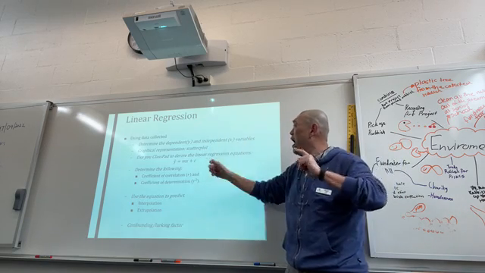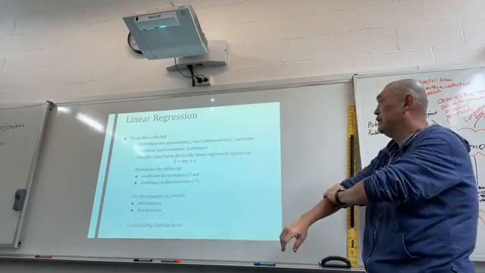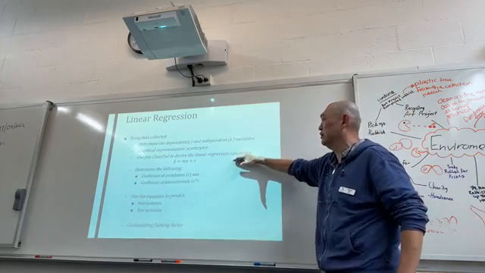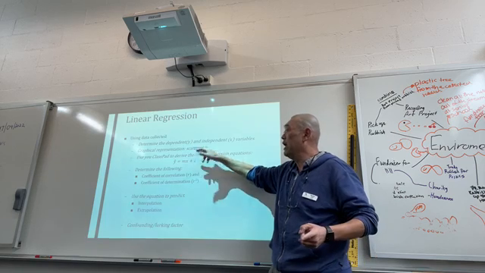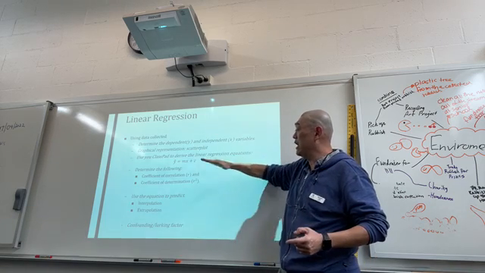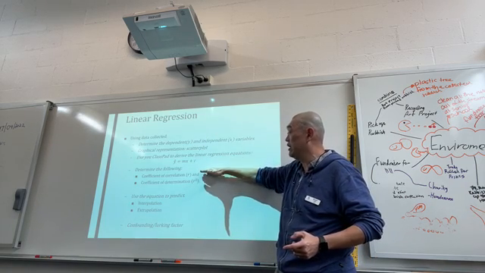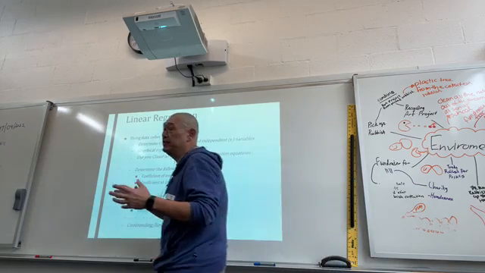And then you have to be able to use your ClassPad to derive the linear regression equation, which is y hat equals mx plus c, right? In that, you must also be able to determine the coefficient of correlation and coefficient of determination.